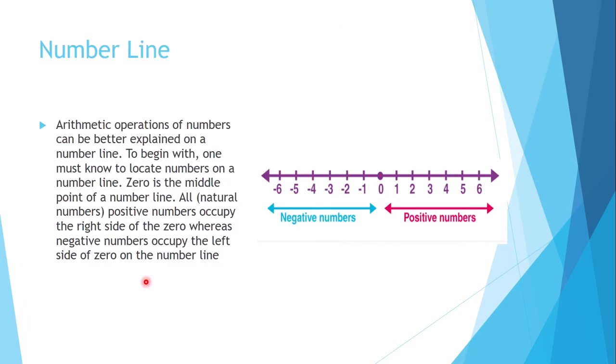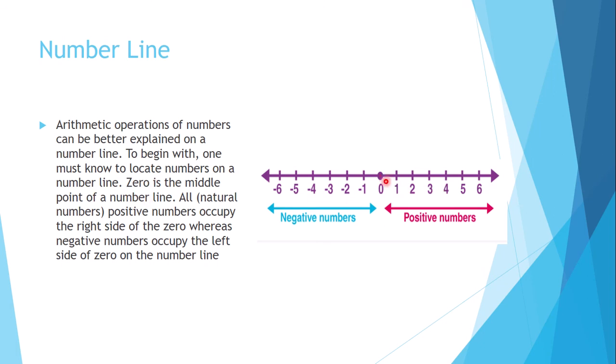Now, how should one start plotting numbers on a number line? For this purpose, one should know where to start plotting the number, so you should locate numbers on the number line.